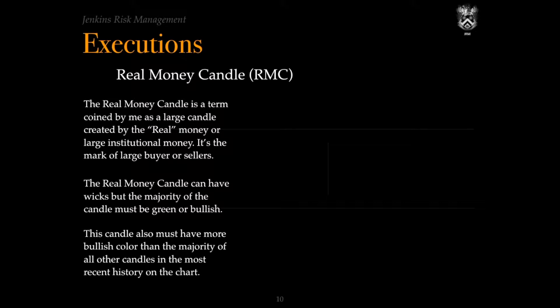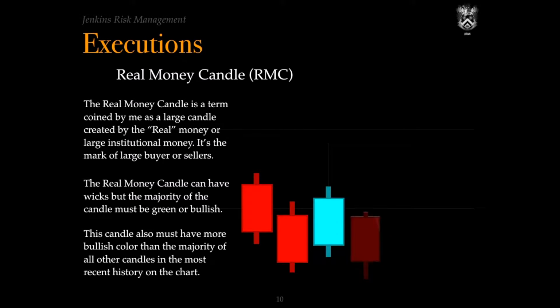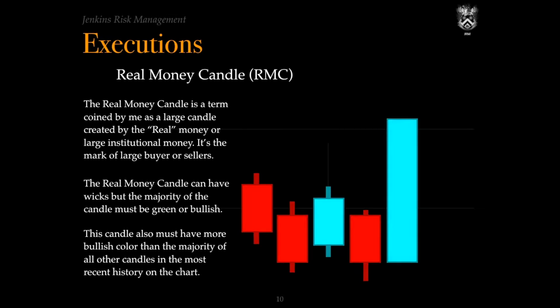Just as one example of what I call a real money candle, a term I kind of coined, essentially what we're doing is looking for the real money or the big money or institutional money and the footprints that they're leaving on the charts. So we teach these types of setups where the entry is right above the prior candle's high, or we wait for the close of that bar, the real money bar. We know exactly where to set our stop, below the bar you enter on or the prior candle's low. And then we look for follow through.